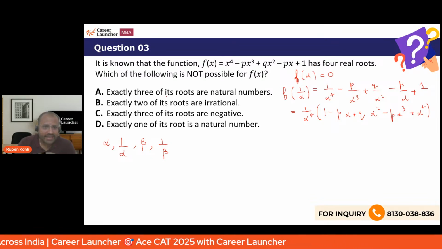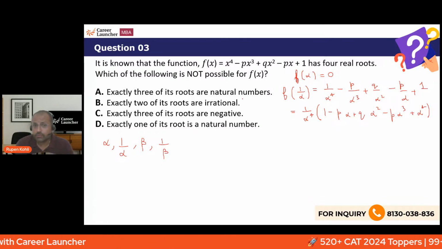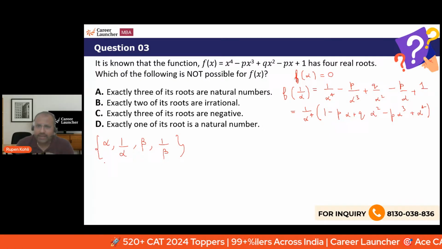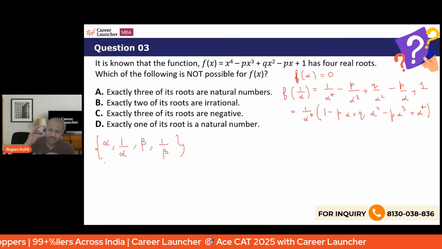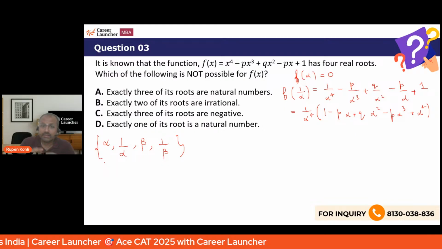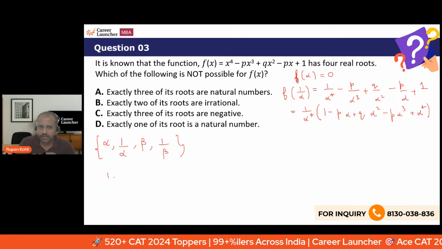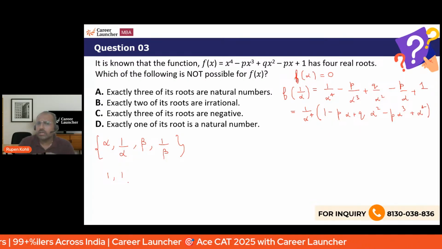So can exactly 3 of the roots be natural numbers, given that the roots are of this form? We should try to make that happen. Is it possible? Even if we can create one such instance, then this option is not our answer, right? Well, one possibility could be I take alpha as 1, which means 2 of the roots get repeated, 1 and 1, which is quite possible because nowhere is it mentioned that the roots are distinct.